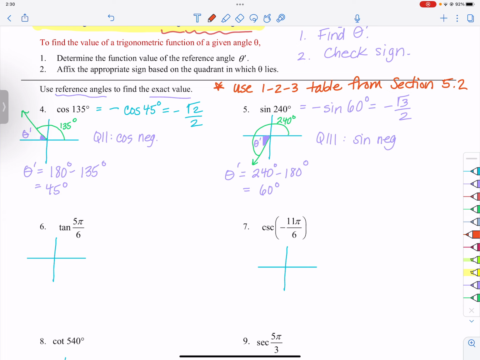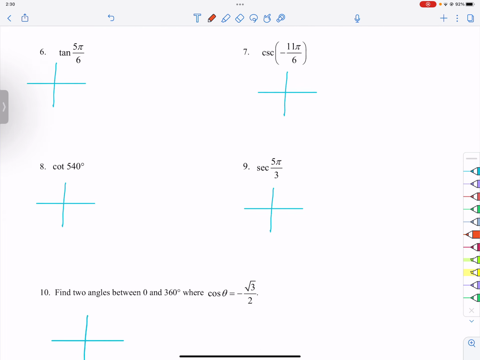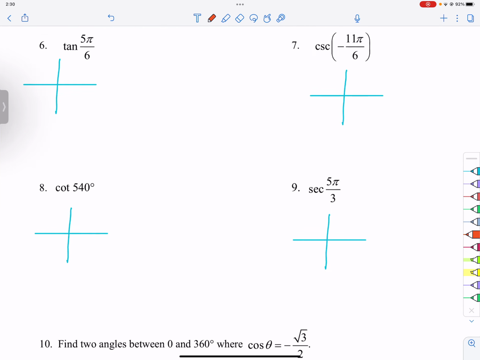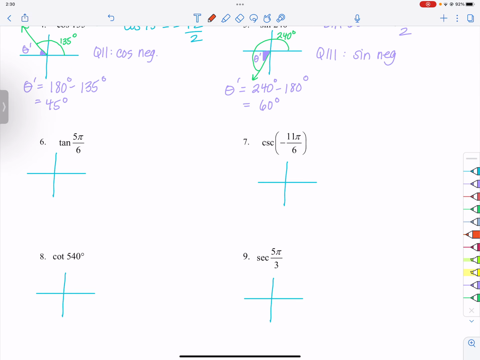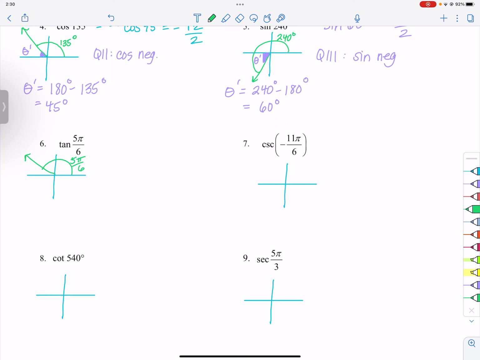Okay, moving on to number 6, the tangent of 5 pi over 6. And if we have 5 pi over 6, we are not quite to 6 pi over 6. We're about right there. And we notice that in quadrant 2, the tangent is negative.